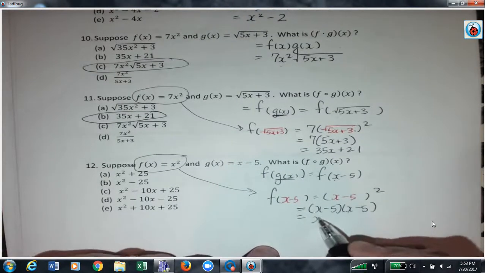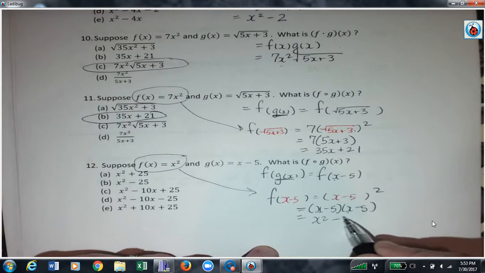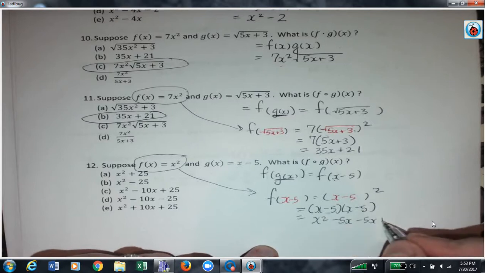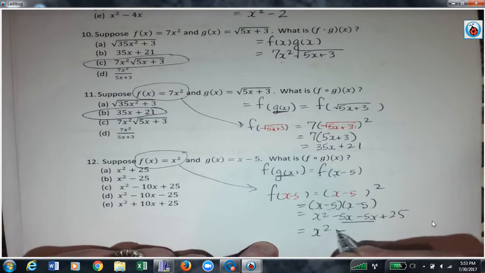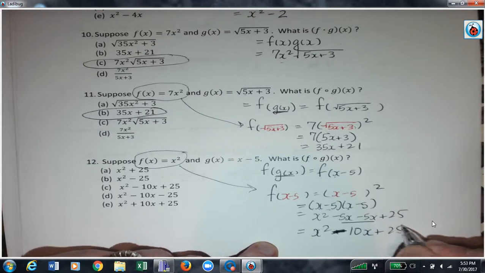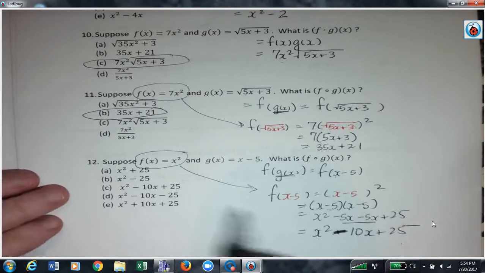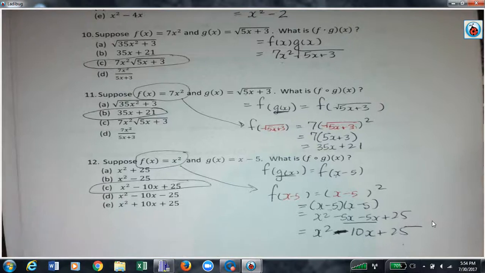So that becomes x squared minus 5x, and then I have minus 5x, and minus 5 times minus 5 is plus 25, and then I can put those together. It's a minus, sorry. And so the one I'm looking for is C.